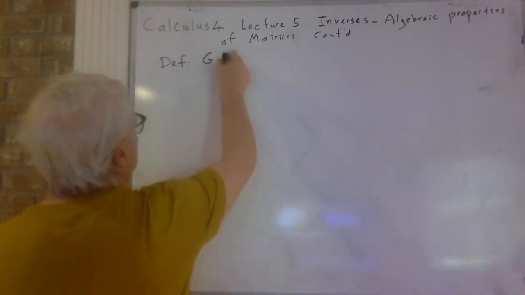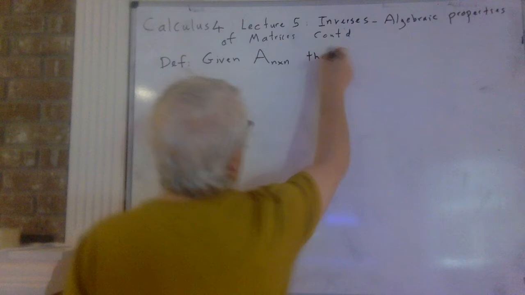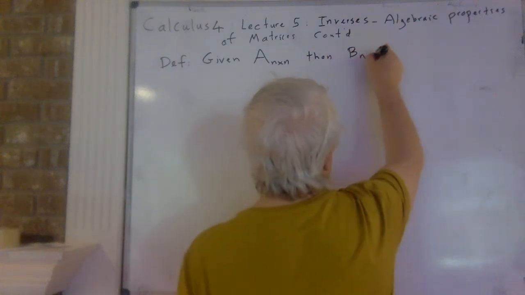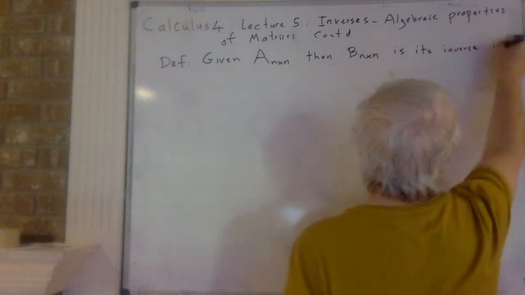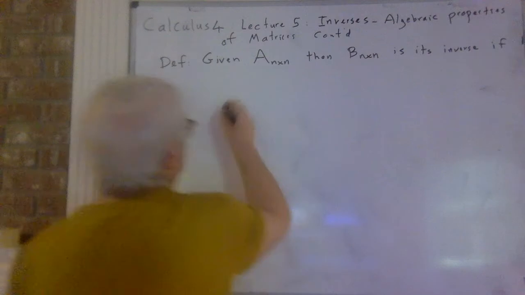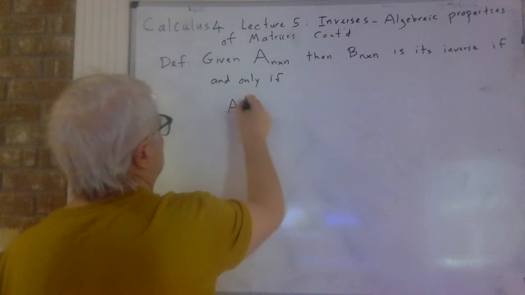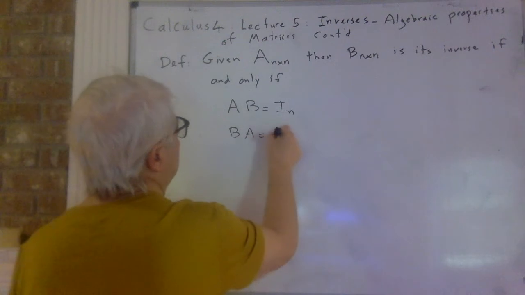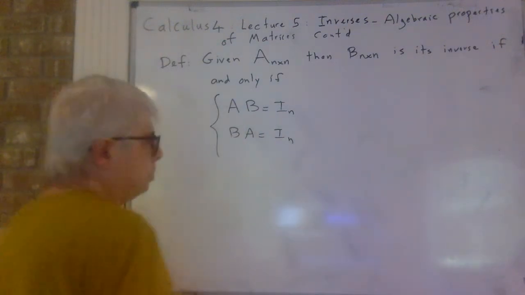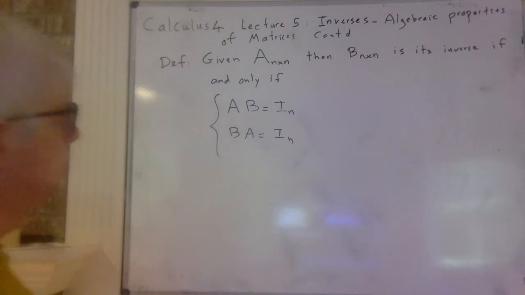Given A, let me write n by n here, then B n by n is its inverse if and only if AB is IN and BA is also IN. So from either side, it should be IN. Okay?